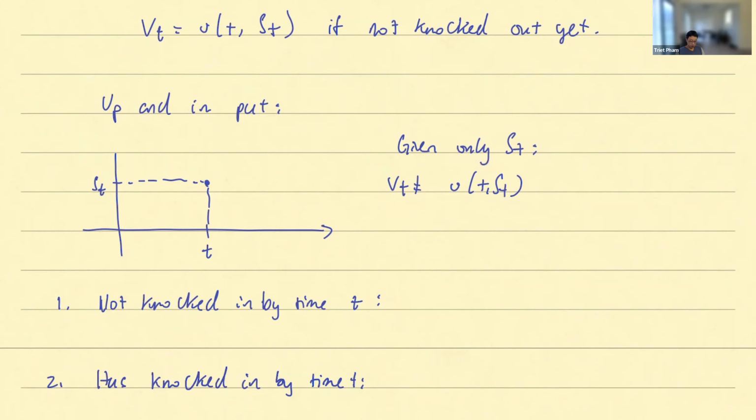So how are these different? If you are not knocked in yet, or if you have knocked in by time t, how are they different? Can you say something that would simply convince anyone that these are two different scenarios?